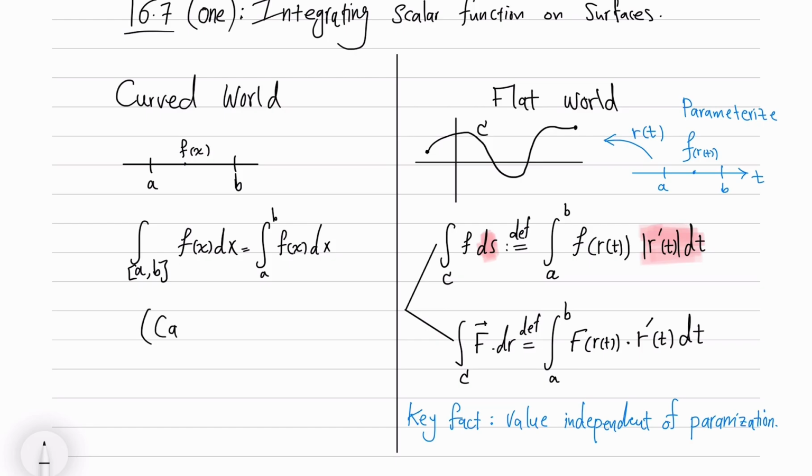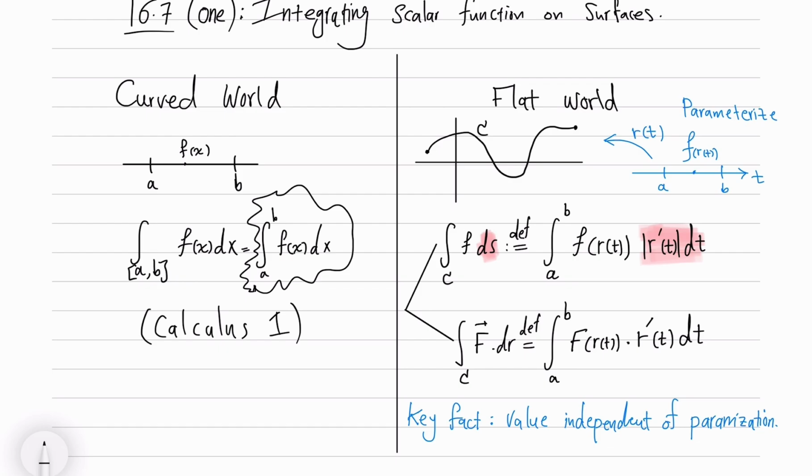In Calculus 1, the very first time you were introduced to the notion of Riemann sums and integrals, you were able to integrate real valued functions, scalar functions, defined on some interval.